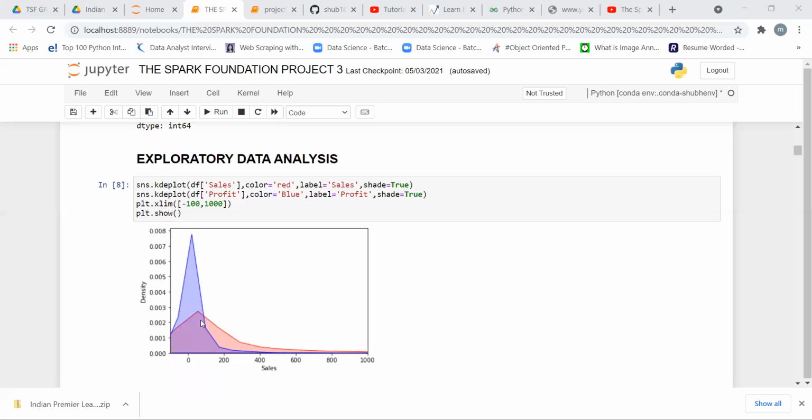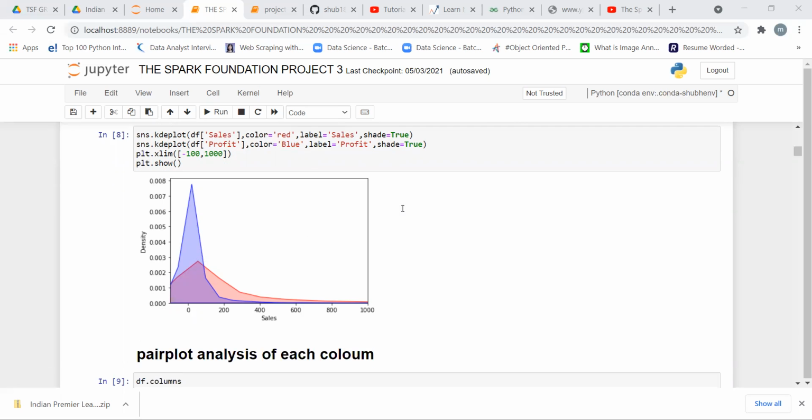Shade means this is a reddish area and this is a bluish area, so we use shade equals true. Then for profit, we use a blue color and shade equals true, and it is used for data analysis.